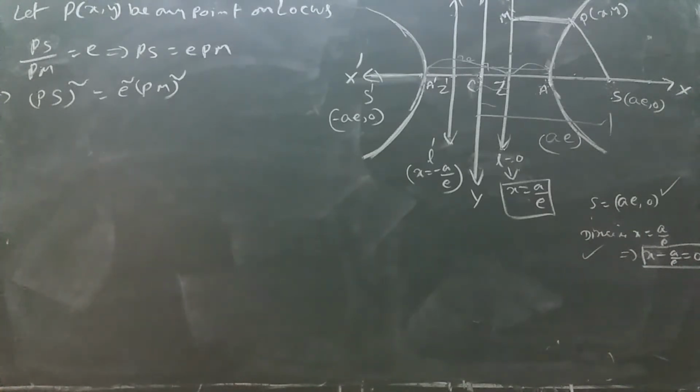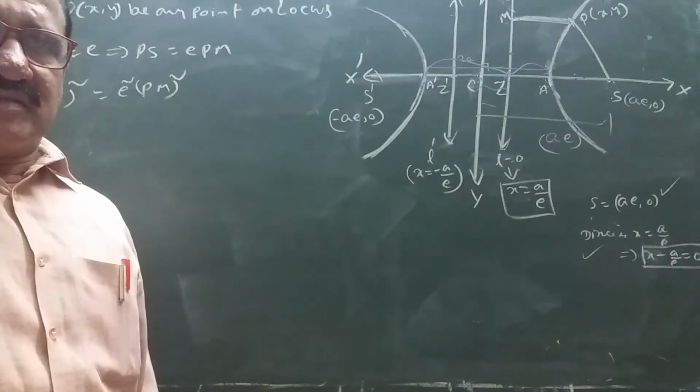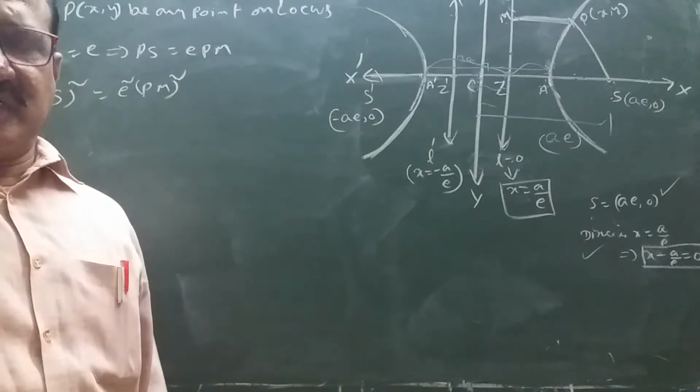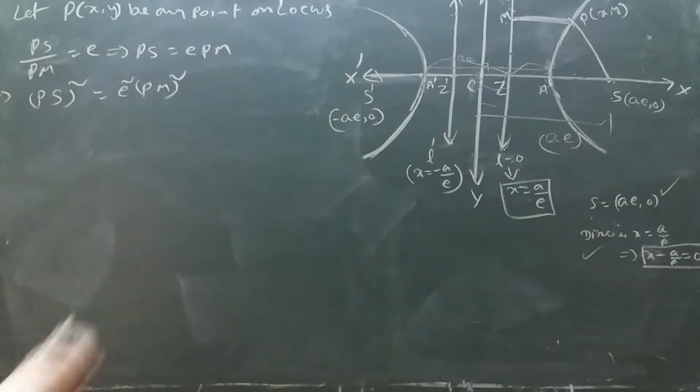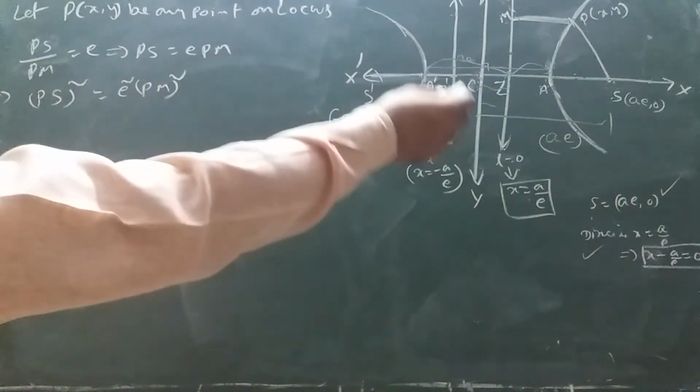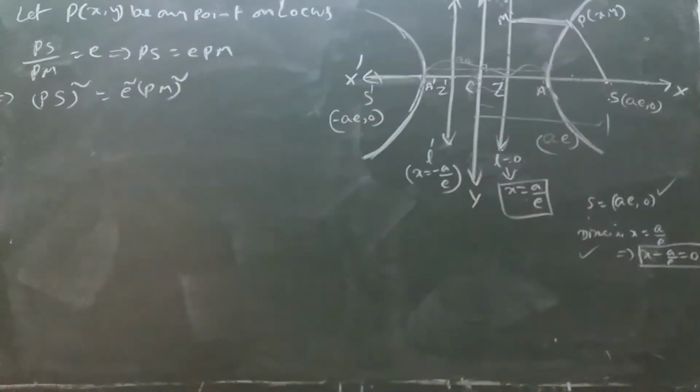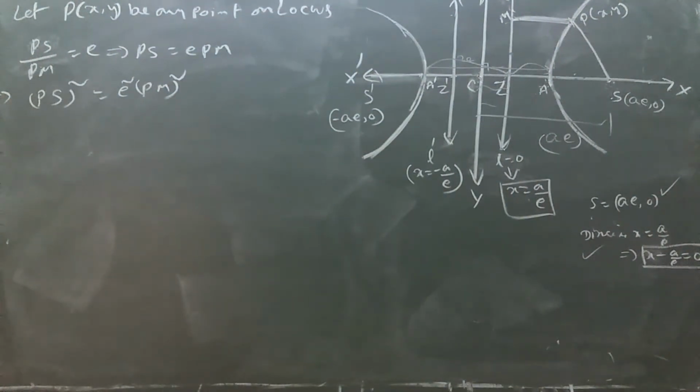That means the algebraic equation, that is the locus. For that algebraic relation we have to know. That means the distance between P and S, the coordinates of P are x comma y, the coordinates of S are AE comma 0.